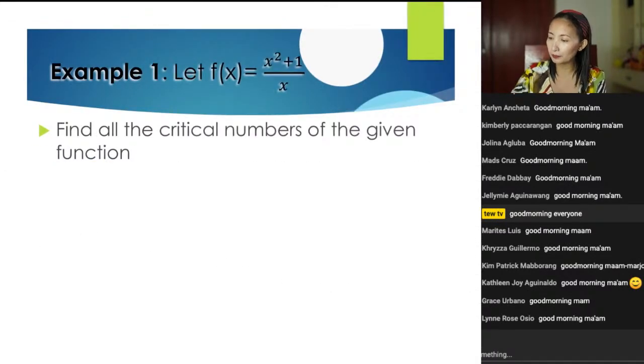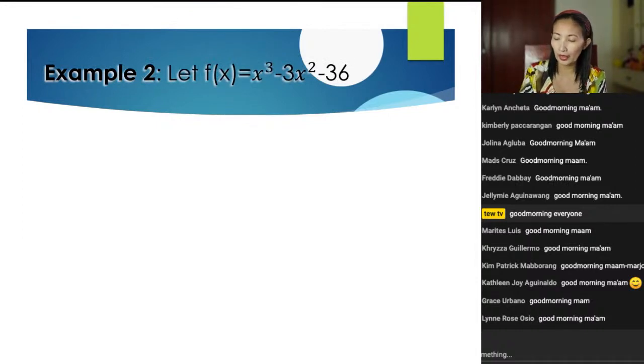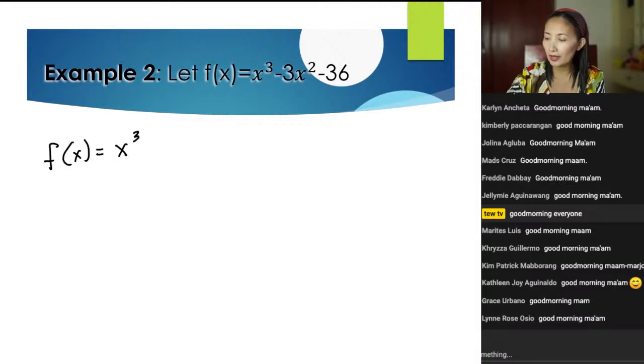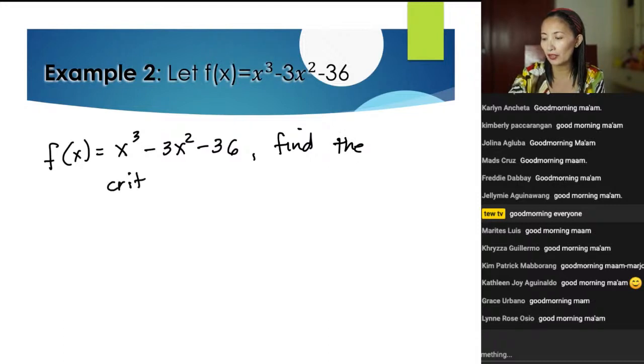What about number 2? f of x is equal to x cubed minus 3x squared minus 36. Find the critical numbers of the given function.